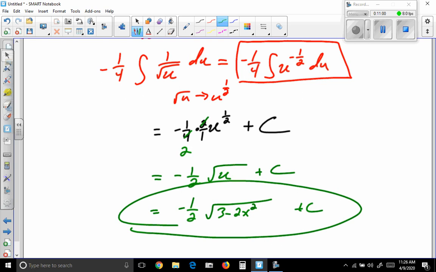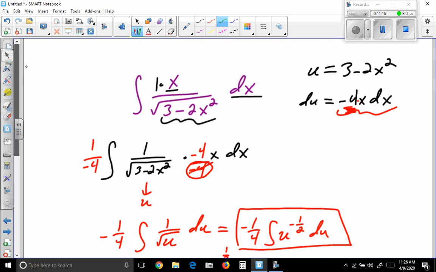So that one was a little bit more complicated because we had to fit it. We didn't just immediately have our du. We had to pick up an additional coefficient to make it fit. As long as we're only missing a constant, a coefficient, we can fit that. We can multiply on the inside and divide on the outside by the number we need to change to transform it.